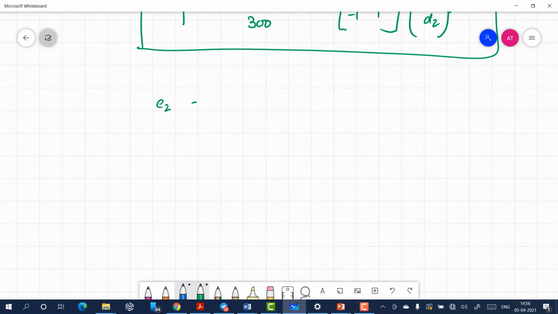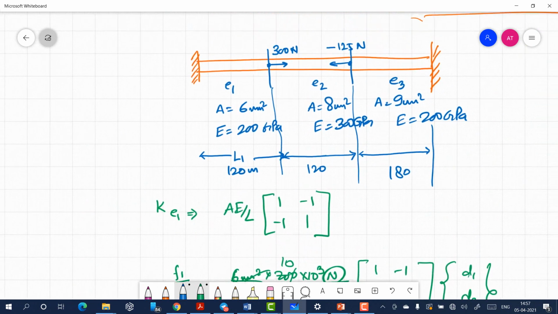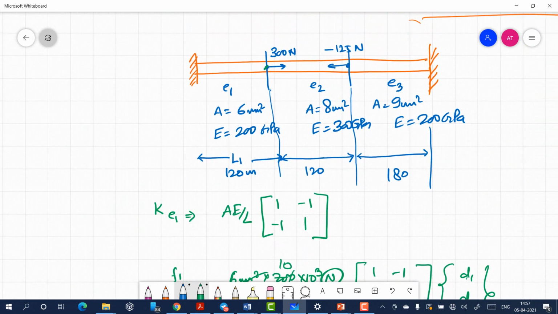Now let us look at element number 2. I have again F1 and F2, but here F1 is actually F2 and the other is F3. Let me do the node numbering also: node number 1, node number 2, node number 3, node number 4.